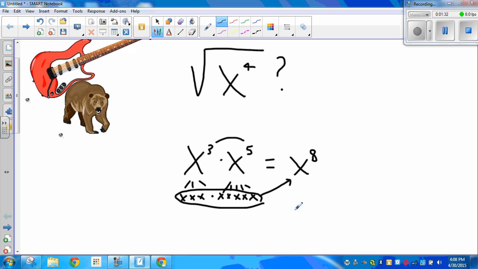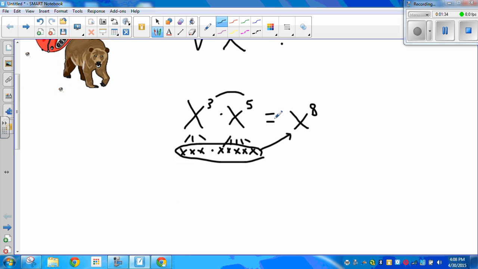When we take the square root, what we're essentially asking is, what times itself will give me this? Well, 8 might not have a perfect square, but x to the 8th does, because x to the 4th times x to the 4th is, well, 4 plus 4 is 8.